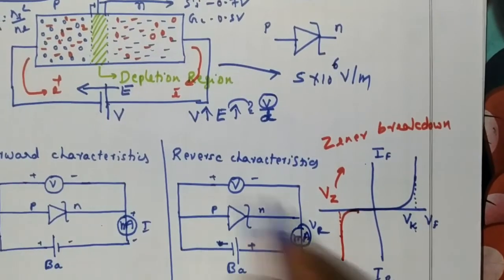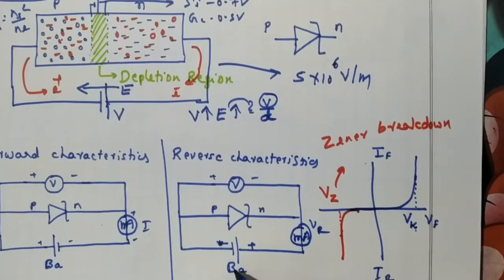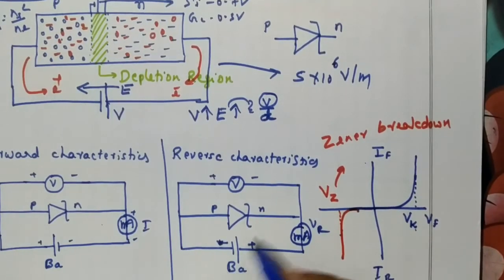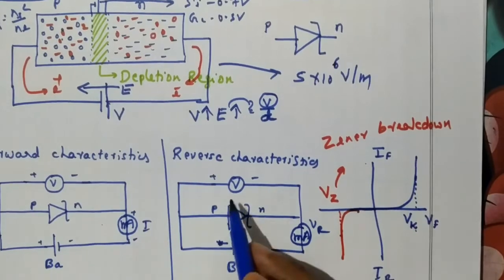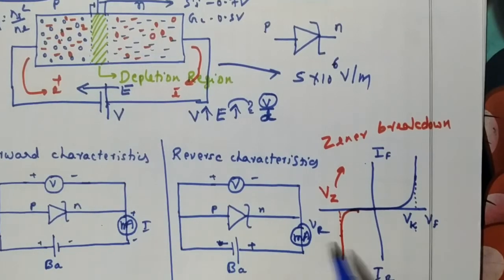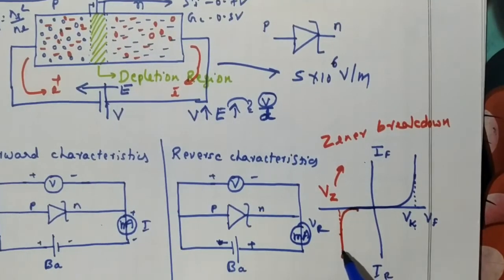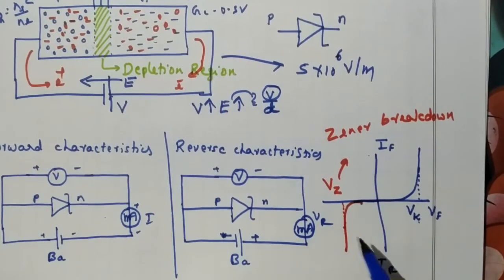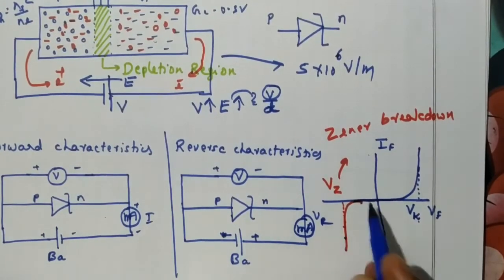So you gradually increase the battery voltage and note down the corresponding voltage across the diode and the milliammeter reading. And here, this is the breakdown, called Zener breakdown.